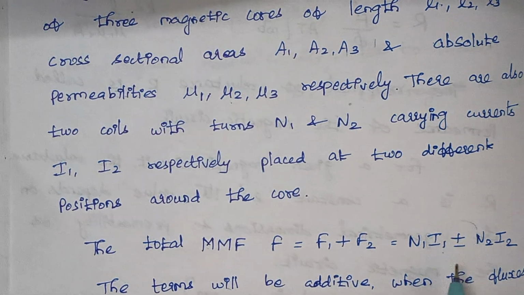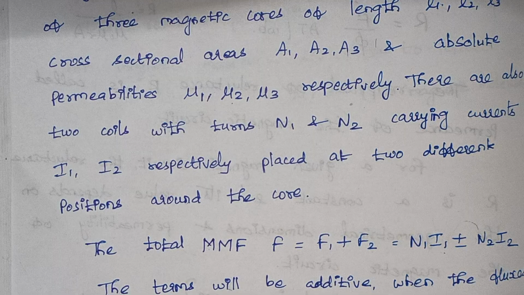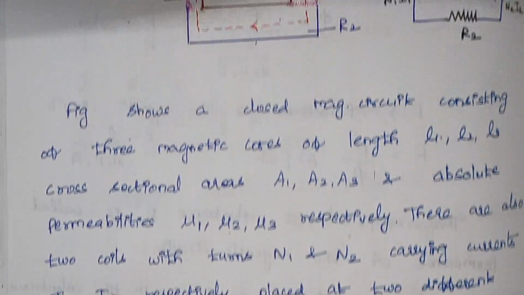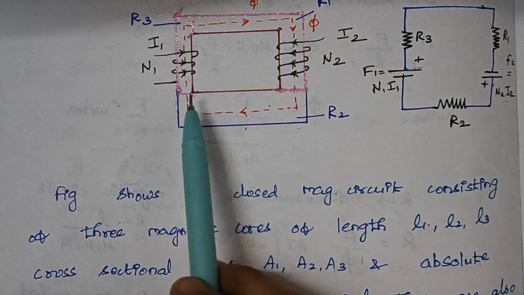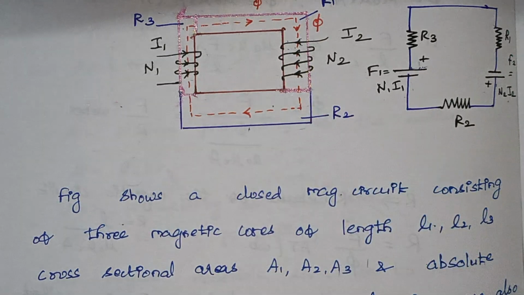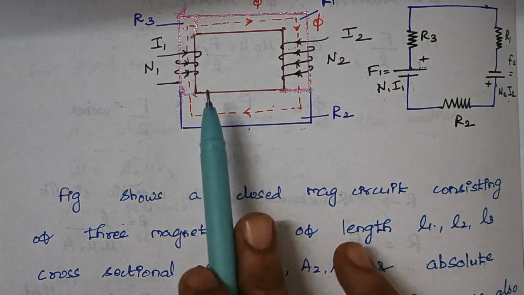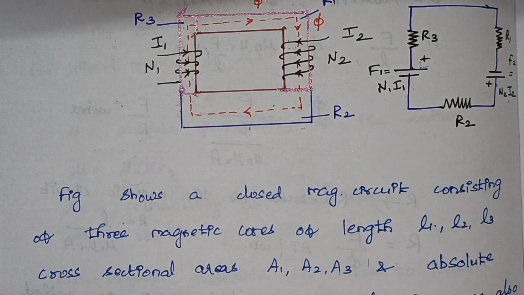Instead of writing plus, we are writing it as plus or minus, because the flux is produced due to the two MMFs. One MMF is produced by this coil and the second MMF is produced by this coil. The MMF produced will be additive: we can add the MMFs produced by these two coils when the flux produced are in the same direction.